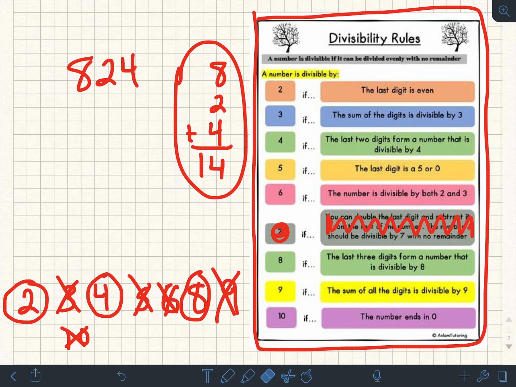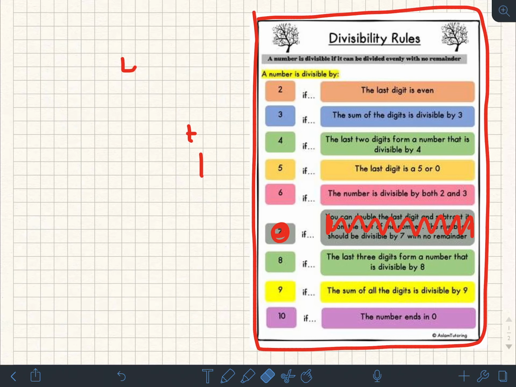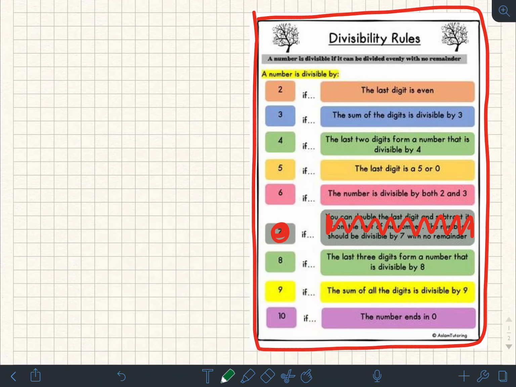Okay, so we can erase all of this. So the number I'm going to make up is 282.